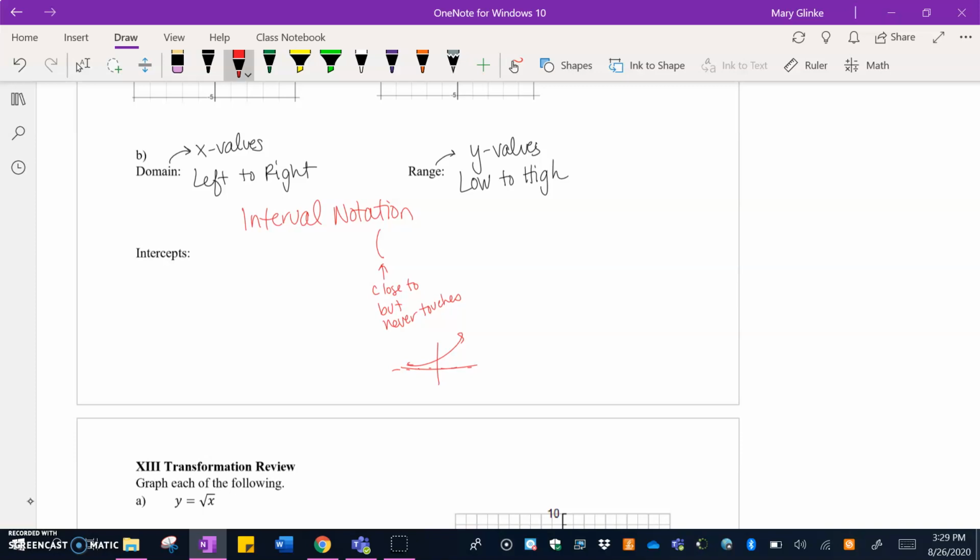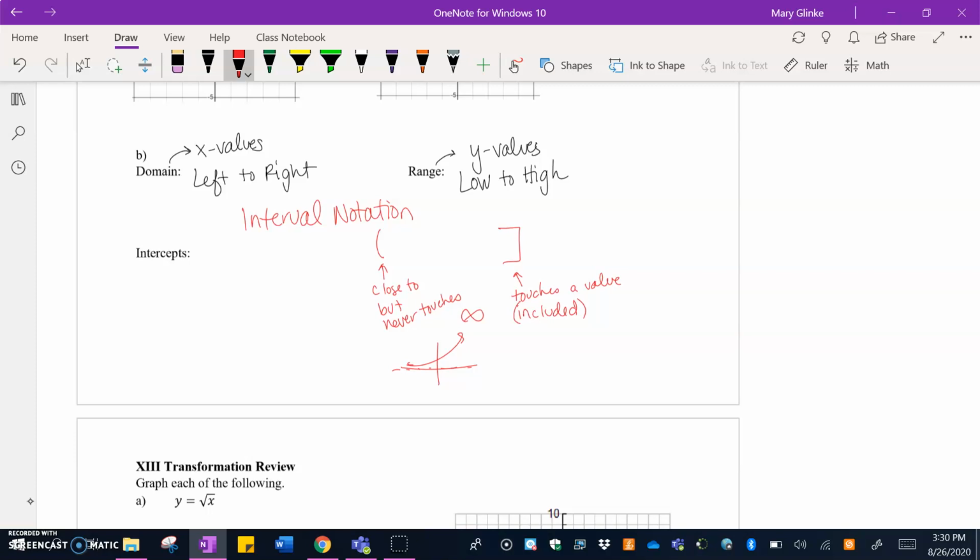You're always going to use parentheses with infinity as well, because we can never fully grasp that. It gets close to it, but can never actually get there. Versus the bracket. The bracket is when you actually get to a value, or when it actually touches a value. This means it's included in the domain or the range.